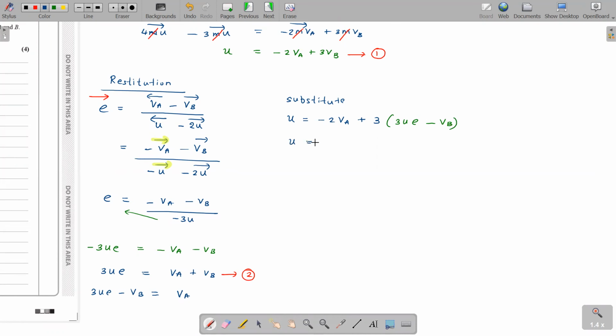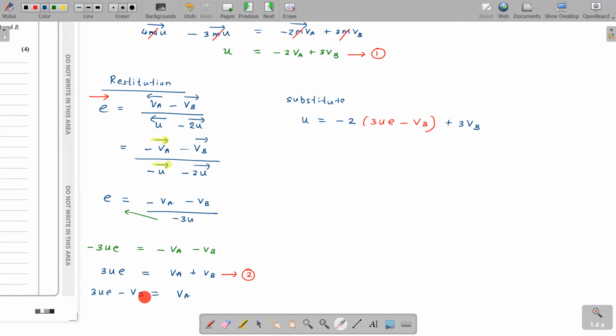I have substituted for velocity of A. So U equal minus 2 times velocity of A, which is 3UE minus velocity of B, plus 3 times the velocity of B. Is it correct now?